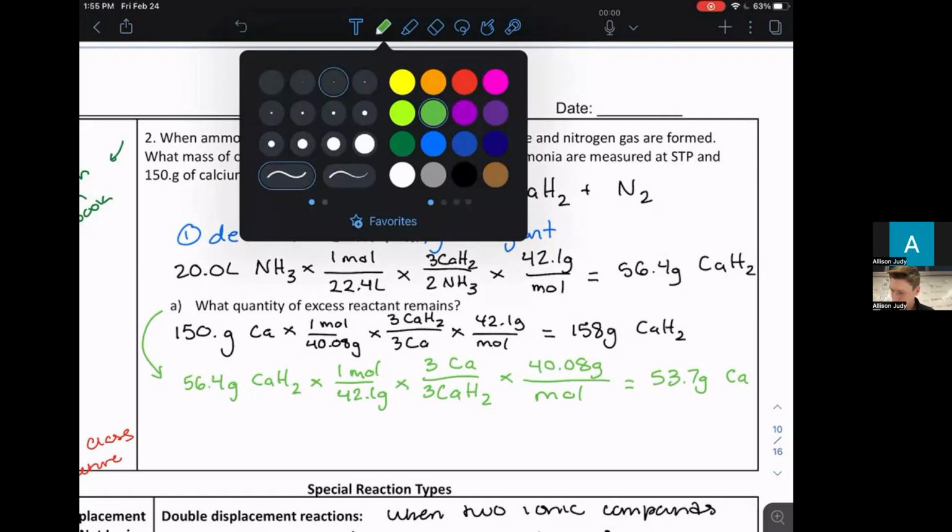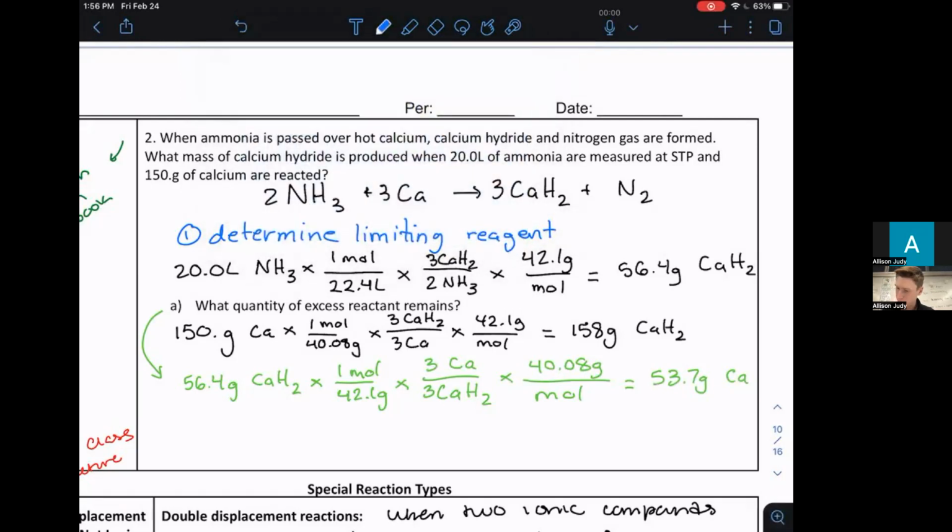Actually, we'll stay in green. So 150 grams minus 53.7 grams. And this tells us 6.3 grams of calcium remains.